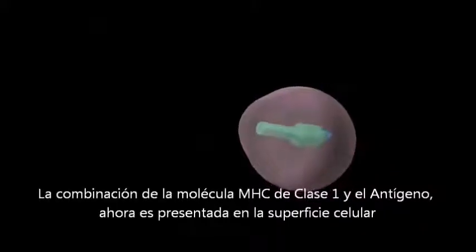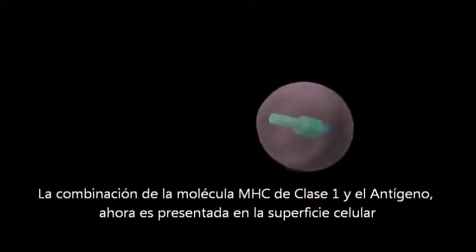The MHC plus antigen combination is then presented at the cell surface.